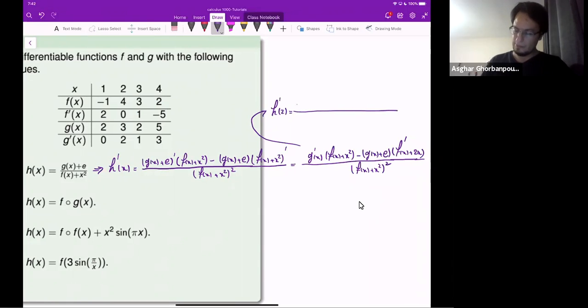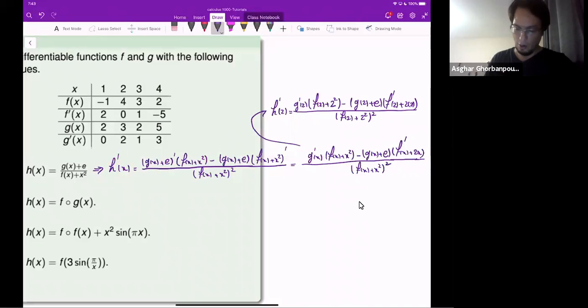So that will give me g prime at 2 times f at 2 plus 2 squared, minus g at 2 plus e times f prime at 2 plus 2 times 2, over f of 2 plus 2 squared, to the power 2.